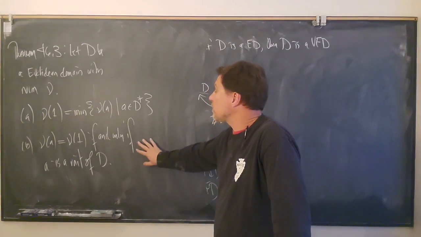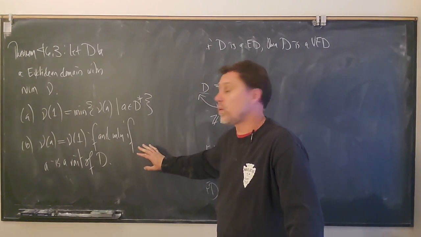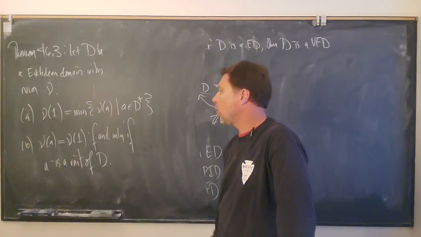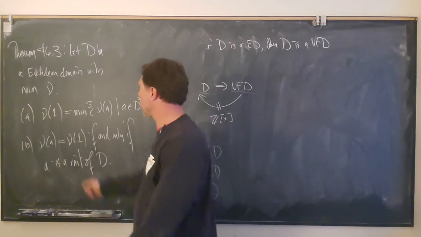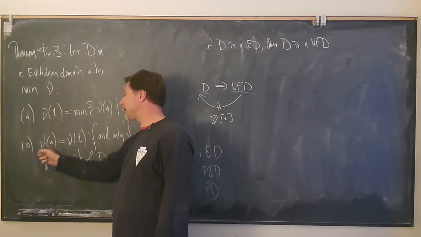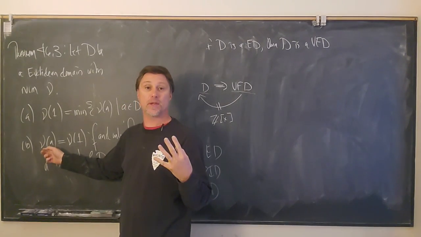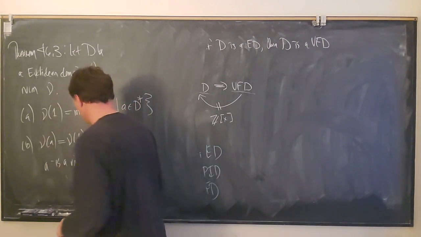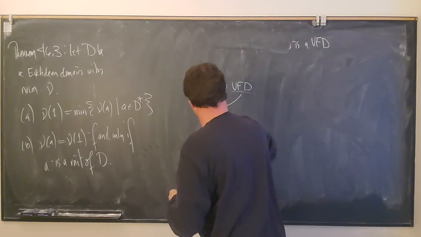What this does is give us a way to detect units within a Euclidean domain. You figure out what the norm of 1 is, and then anybody else that has the norm of 1 has to be a unit. So this gives us a nice way for unit detection.